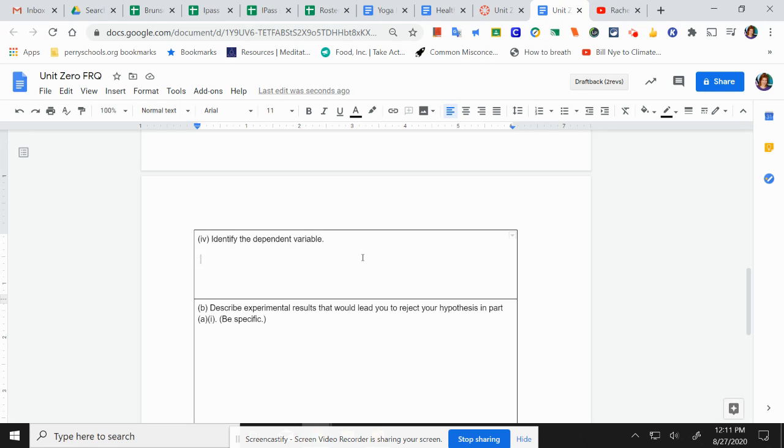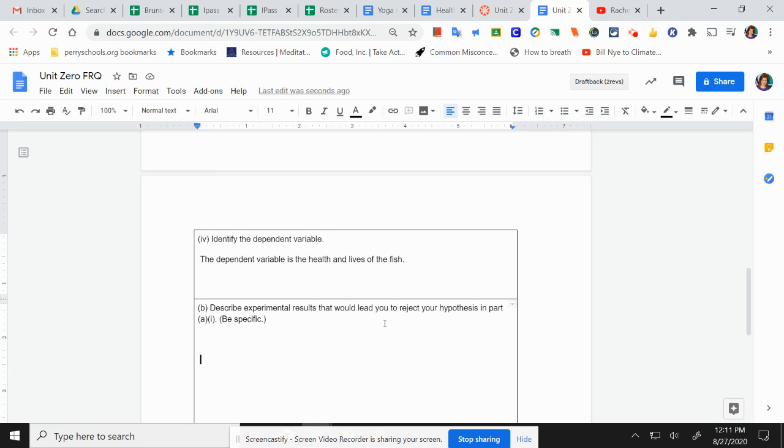The dependent variable is what we are measuring. So the dependent variable is the health and lives of the fish, which is pretty much all you need to put. So, hey, are you guys healthy? Are you alive? That is what we are measuring.